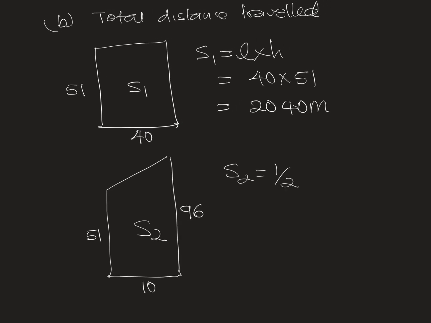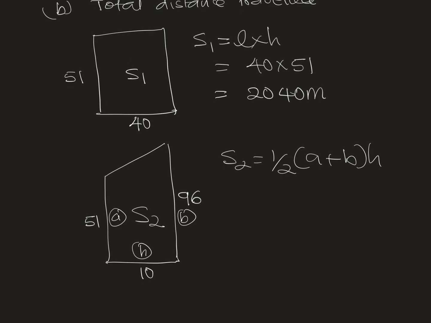The area of a trapezium is half (A plus B) H, where this will be A, this will be B, and this will be H. A and B are the two parallel sides. A can be the shorter length, B can be the longer length, if you like.